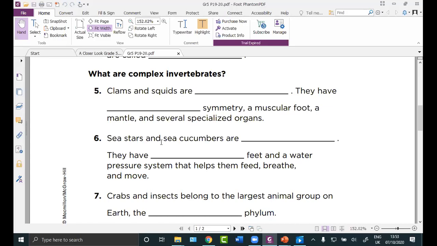Do it. Homework. Mister, what is the meaning of complex? Complex means having many parts. Having many parts.